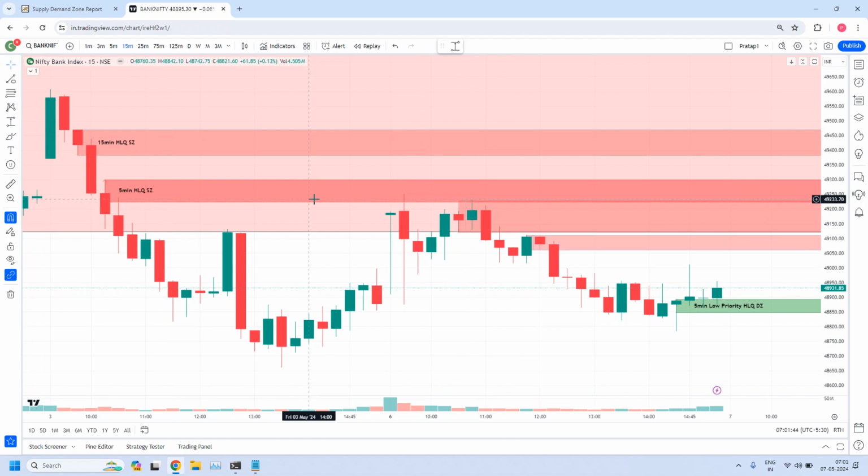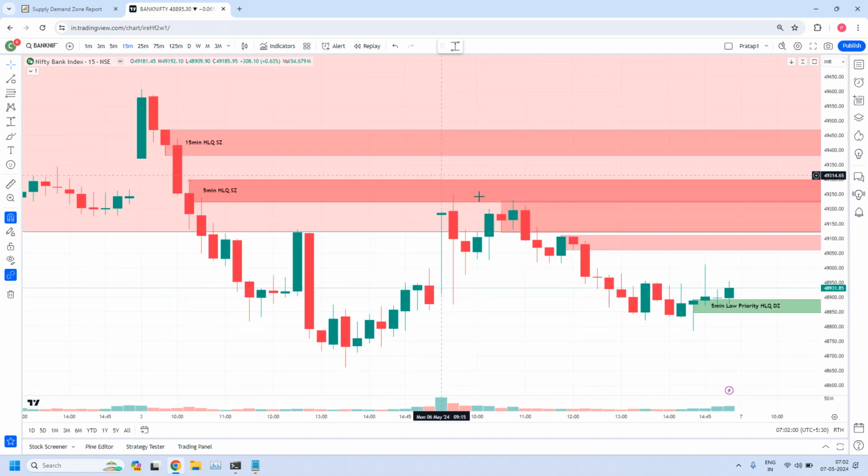So the possibility is there. Not 100%, but at least we can say 82 or more than 80% of scenarios, we can believe this zone is having a very strong order flow. If that is the case, it may give us one more short trade if prices enter this area.